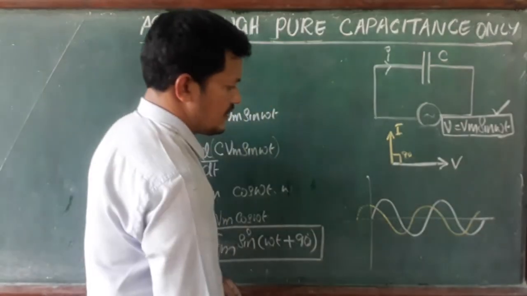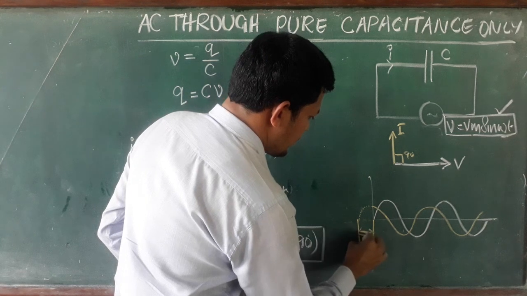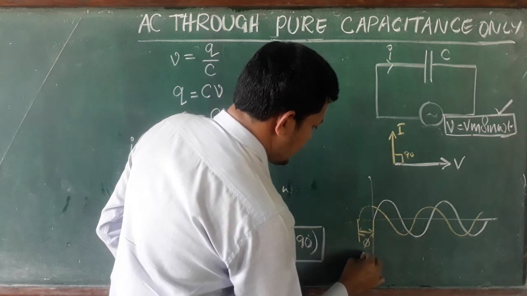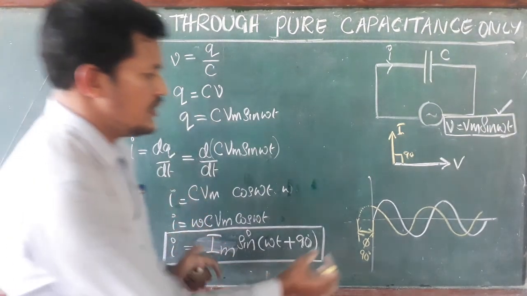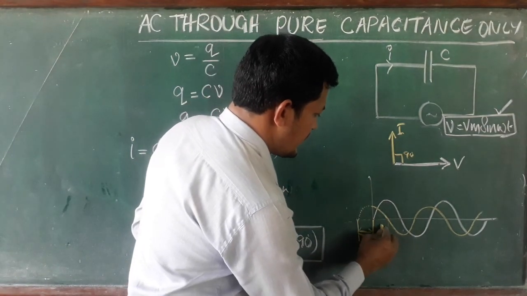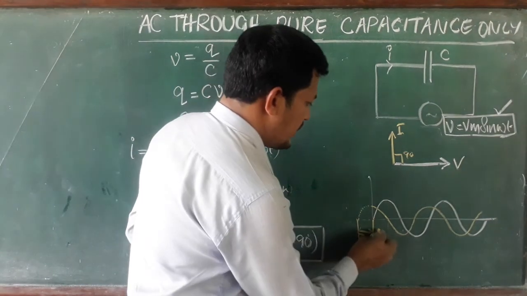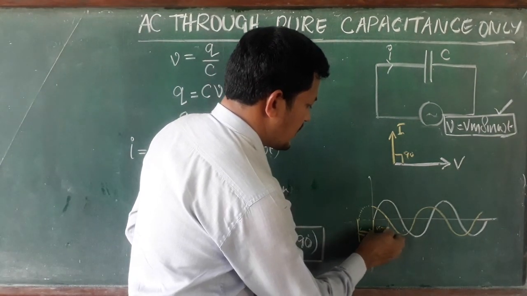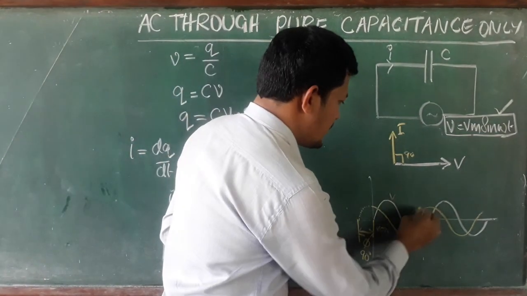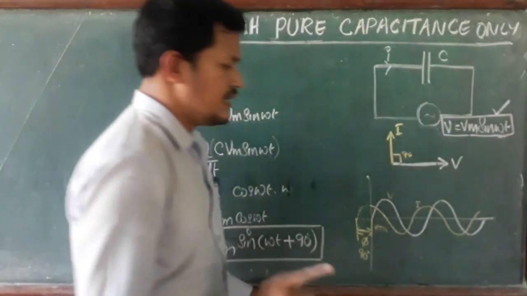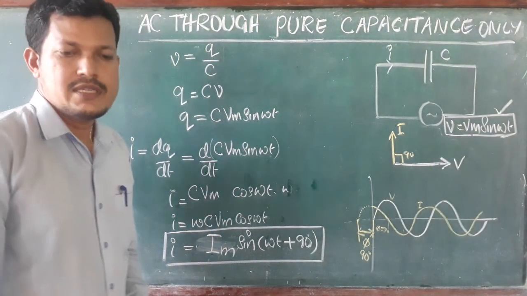Goes like this. So this is the phase difference phi, that is 90 degree. Here this is the voltage waveform, this is the current waveform. Current is leading the voltage by 90 degree in a pure capacitor circuit.